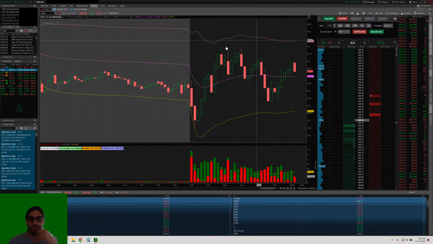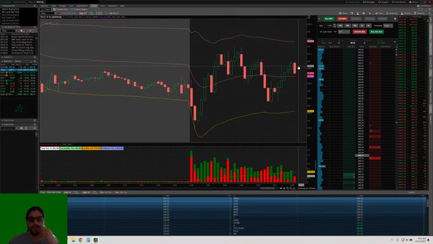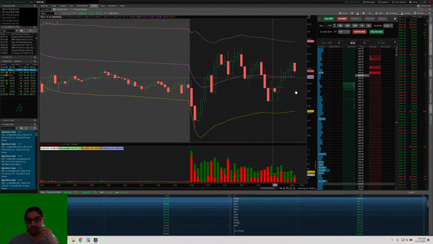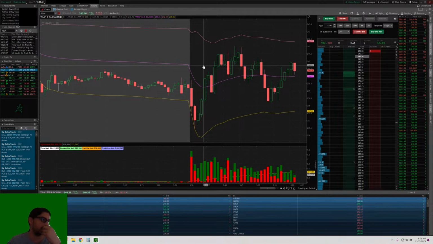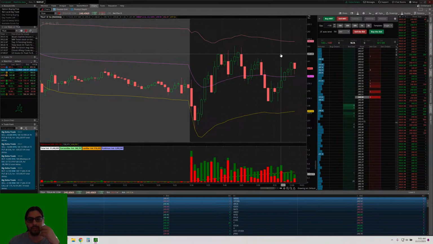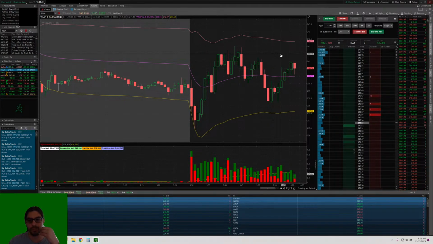Because this is still facing a potential downward and potential upward. I mean, it's kind of trading in a range, but the more it comes up, the more I would feel confident with it.